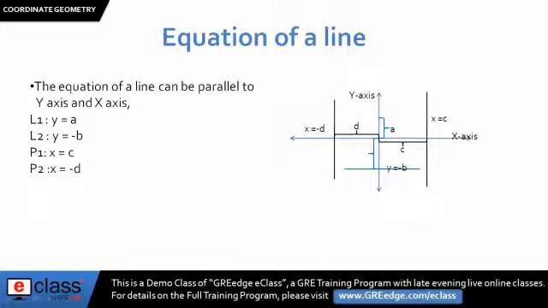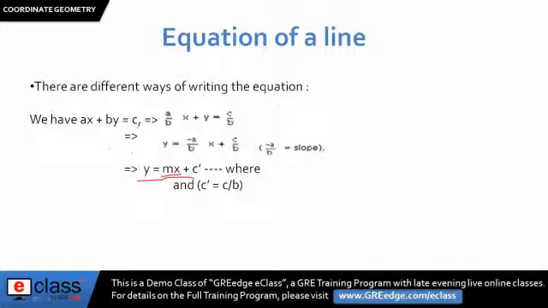Now tell me, why did I say the equations of two lines are parallel? I told you, right? When are they going to be parallel? For example, let me give you a simple equation, y equal to x. Can anyone tell me what is the quality of the equation? What kind of equation is it? Exactly.